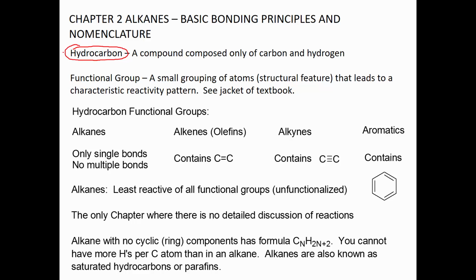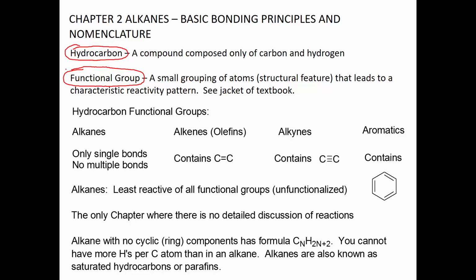Okay, if you look at how this course is organized and look at the titles of the chapters, you can see that it's organized by something called the functional group approach. A functional group is a small grouping of atoms or a structural feature that leads to a characteristic reactivity pattern.